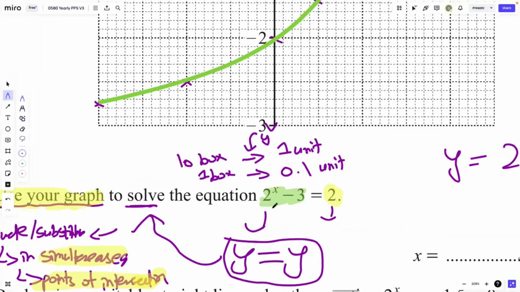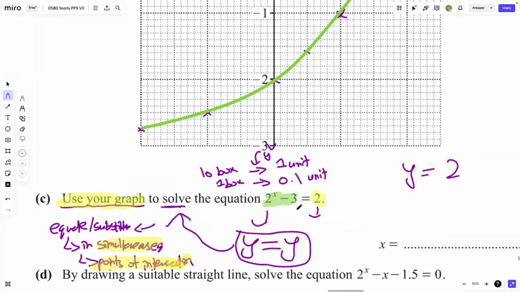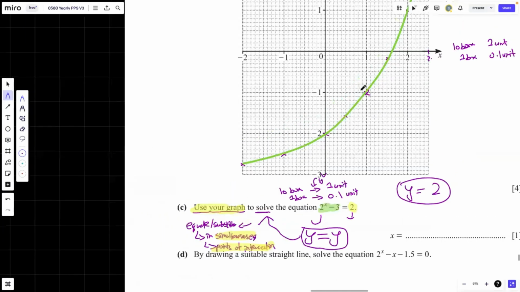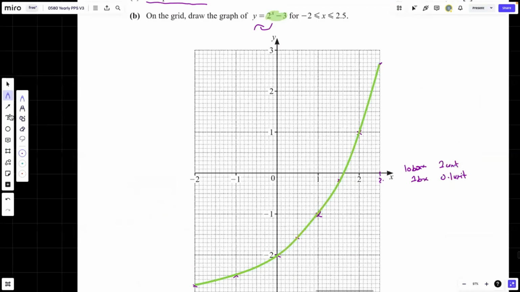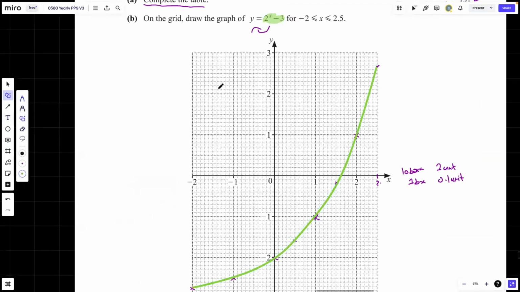So one equation is y equals 2 to the power x minus 3, the other is y equals 2. We already have the graph of the first, we need y equals 2 now. It's going to be linear, so it's going to be a line actually, a horizontal line at the point of y value being 2. So actually, let's use a different color.